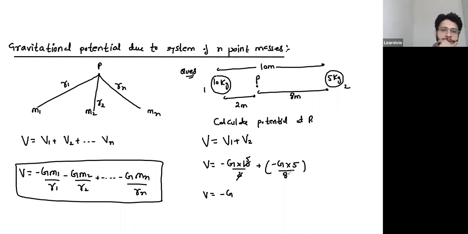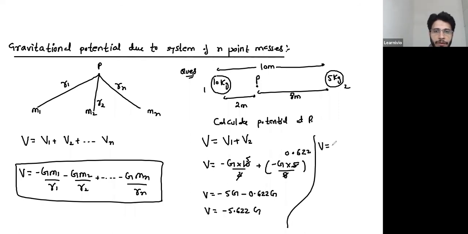So it would be 0.625. So this comes out to be minus 5G minus 0.625G. So it's minus 5.625G.